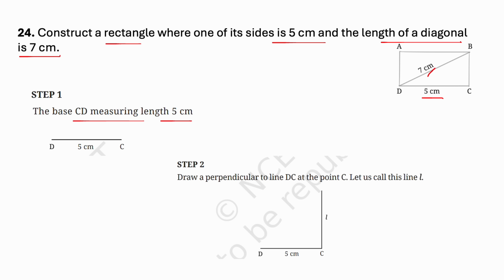Then step 2, draw a perpendicular. Using a protractor, you can draw a perpendicular to line DC. Suppose this perpendicular is L. Now we construct this line and also we draw a perpendicular to DC like this.